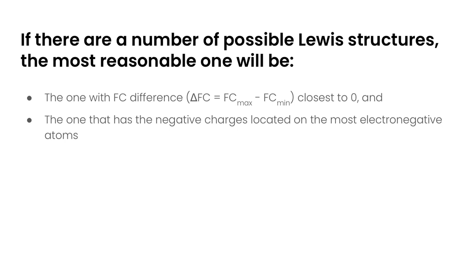So that means if there are a number of possible Lewis structures, the most reasonable one is going to have a couple of characteristics. First, if we take the difference in formal charge, the one with the maximum value minus the one with the minimum value, and look at all of the different possibilities, the one that's closest to 0 is going to be the most reasonable structure.